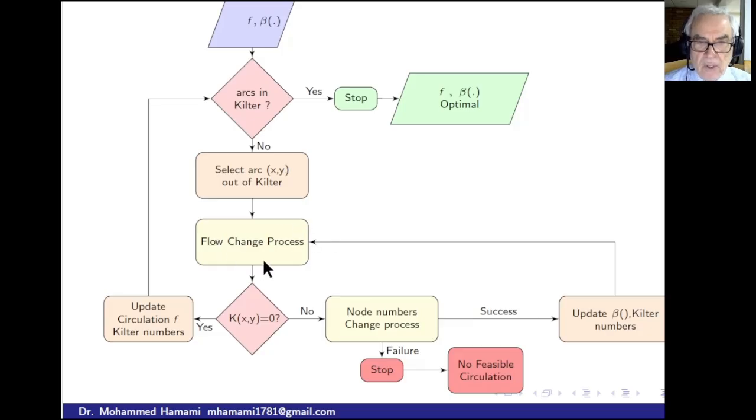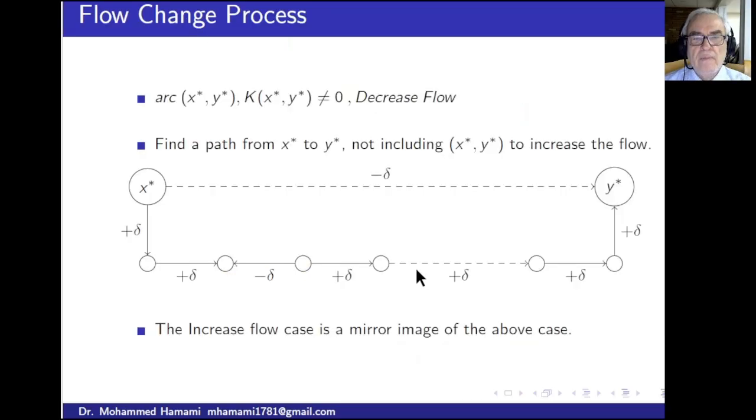Now we have to develop this flow change process and the node number change process. So we have in our flow chart an arc x star y star with out-of-Kilter k not 0. And we want to change the flow so that we decrease k all the way to 0, so it becomes in-Kilter.